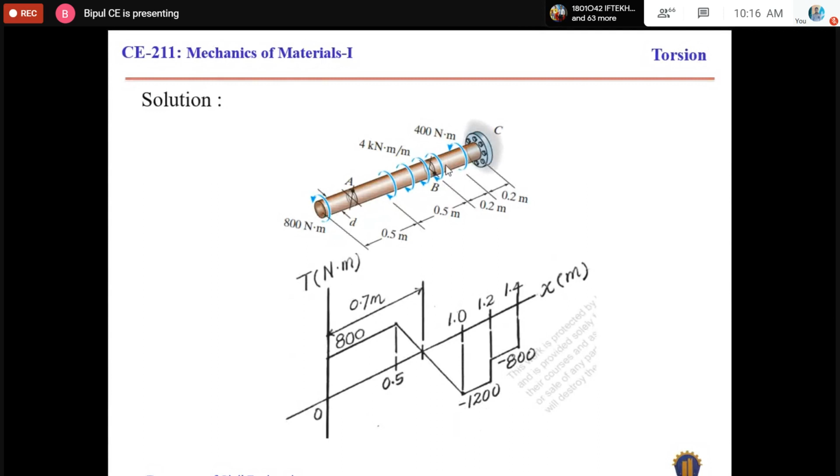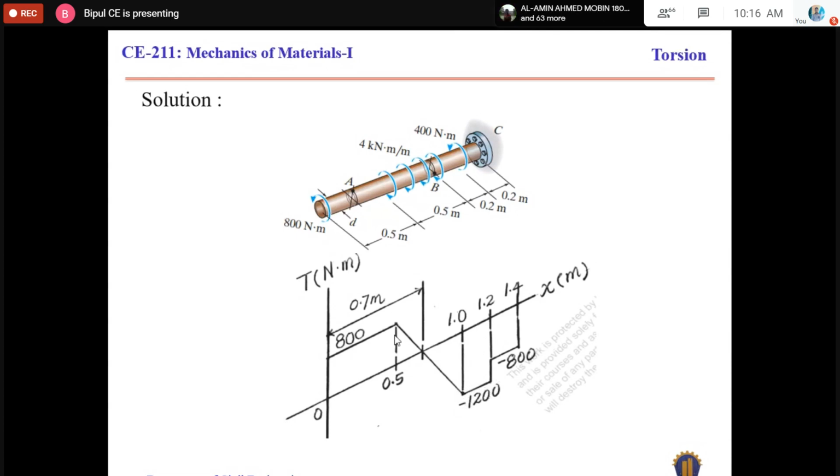So the total torque within this zone will be constant, and that will be negative 1200 Newton meter. So it will go straight. This line indicates that the torque is constant, right? That is similar to 1200 anywhere in this zone. That's why it is horizontal.